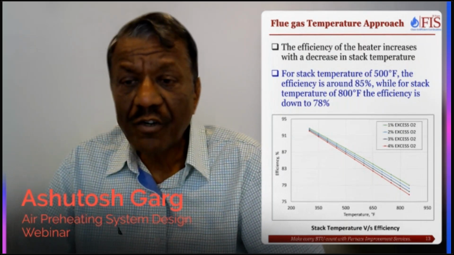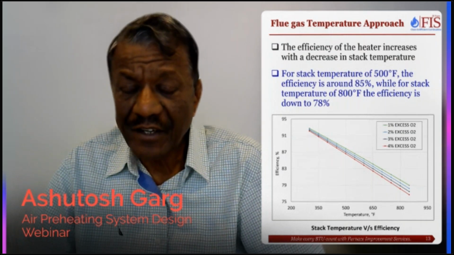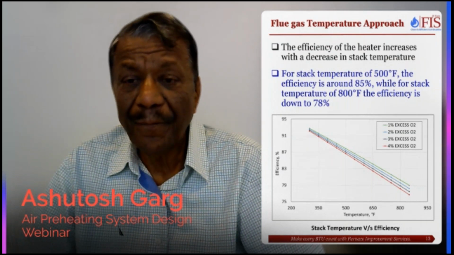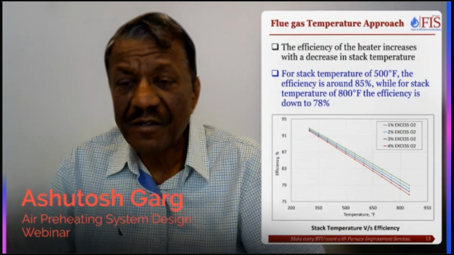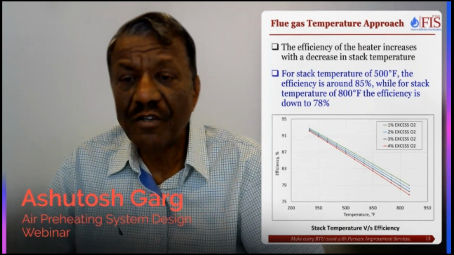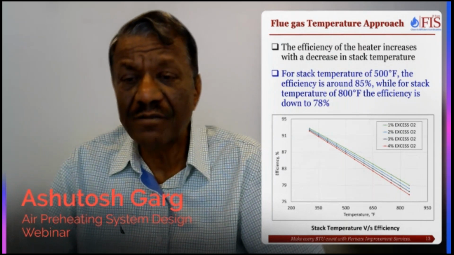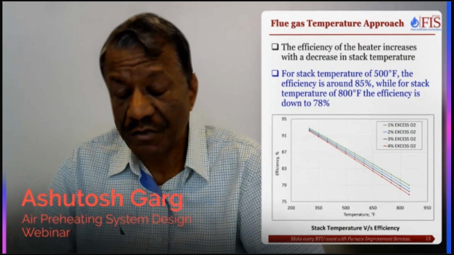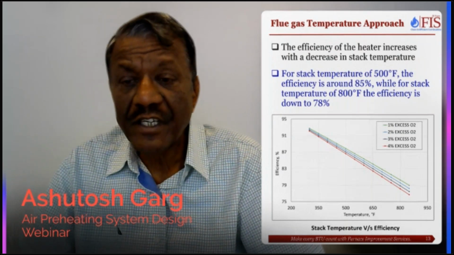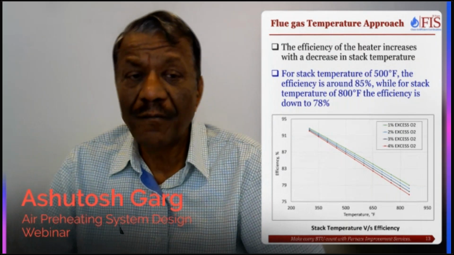And the client wanted me to install an air preheater on that small heater. I talked to the client. I said, no, it doesn't pay off. He says, don't worry, our fuel cost is almost like $16 to $17 per million BTU. That's how high the fuel cost they were paying actually. So I designed an air preheating system on that heater.